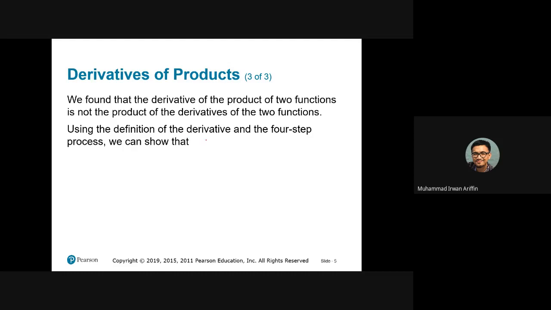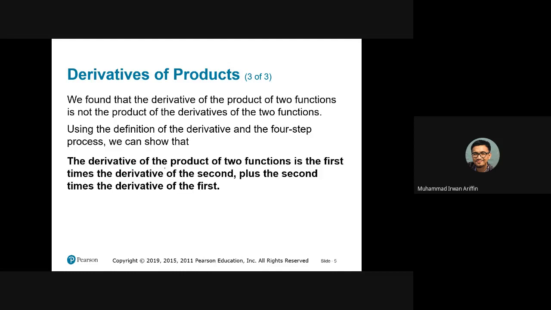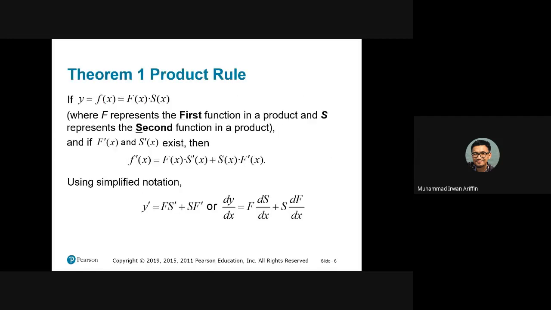Using the definition of the derivative and the four-step process, we can show that the derivative of the product of two functions is the first times the derivative of the second, plus the second times the derivative of the first. If we have a function which is a product of two functions, f represents the first function and s represents the second function.